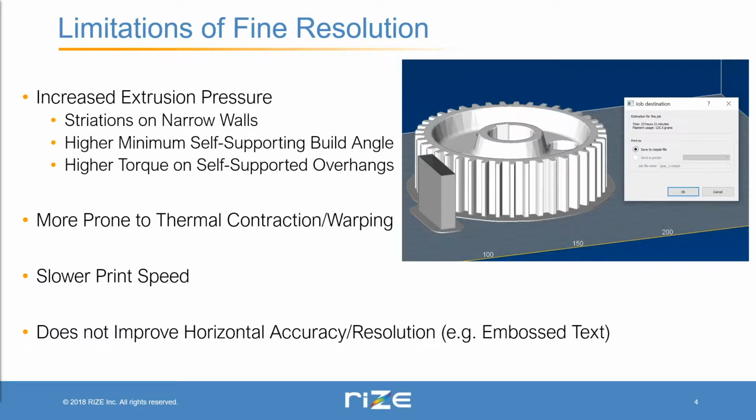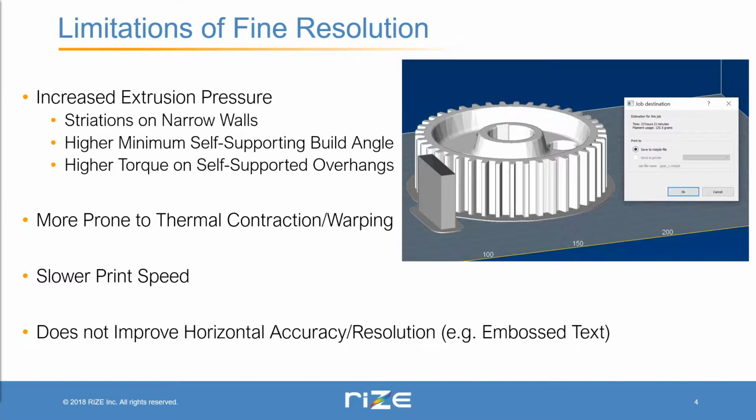However, with increased extrusion pressure, this angle is often not good enough, and you may see material pushed out the side because it doesn't have a full base over which to build each layer. So if you are looking to create diagonal overhangs, you may want to increase the minimum self-supporting build angle in your advanced support options.